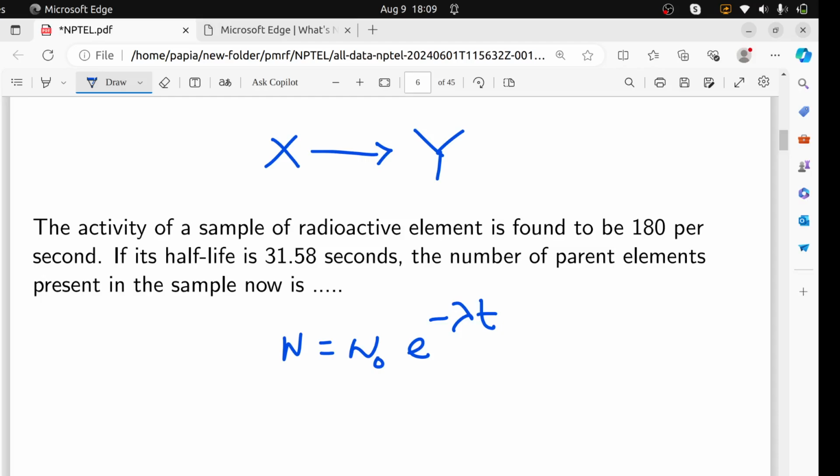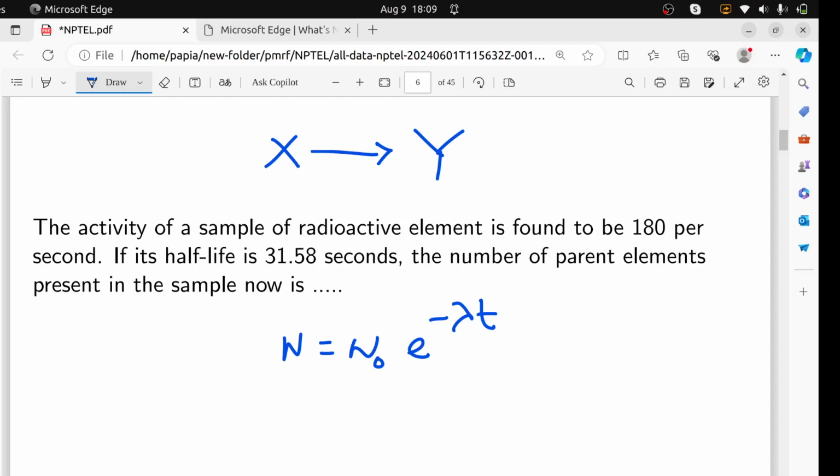N0 means the number of parent nuclei at time t equals 0. Now coming to N: N is the number of parent atoms that will be present in the system at time t.